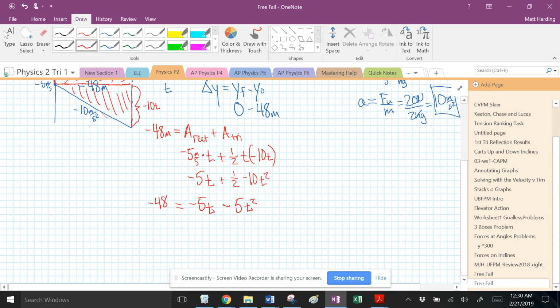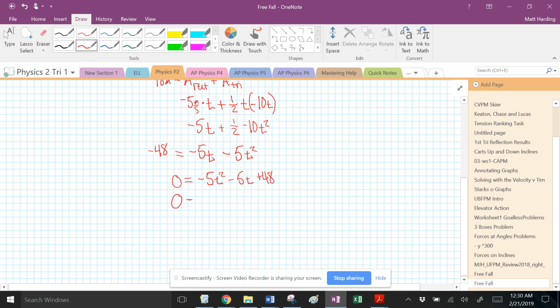And unfortunately, I hate to spoil it for you, but there's no real clean way to get out of this thing without rearranging it, adding 48 to both sides, rearranging terms: negative 5t squared minus 5t plus 48 equals 0. That's in the form 0 equals ax squared plus bx plus c. So a is negative 5, b also negative 5, and c is 48.